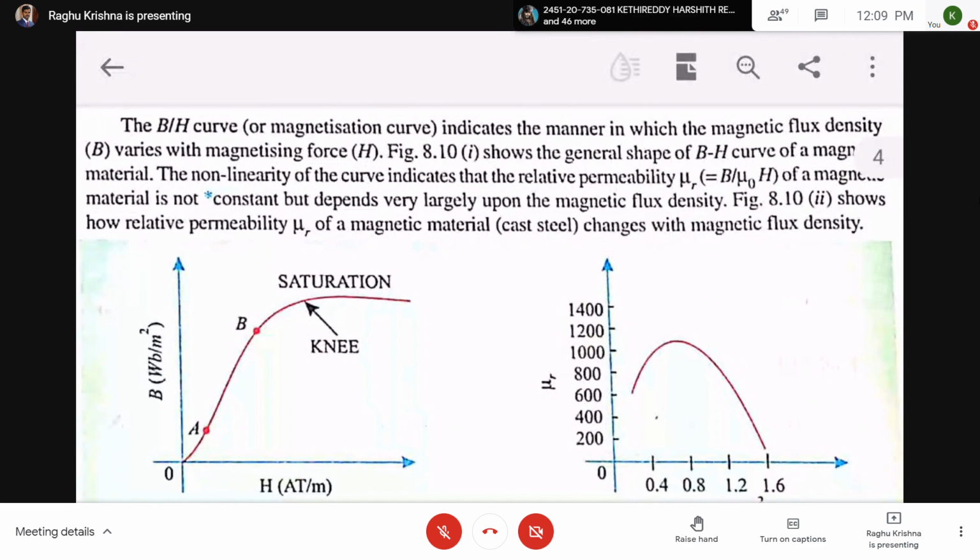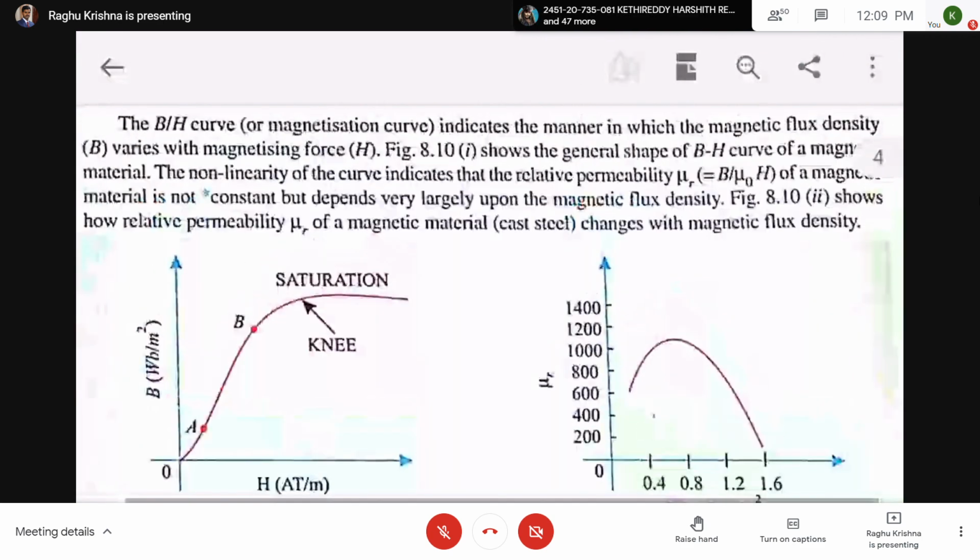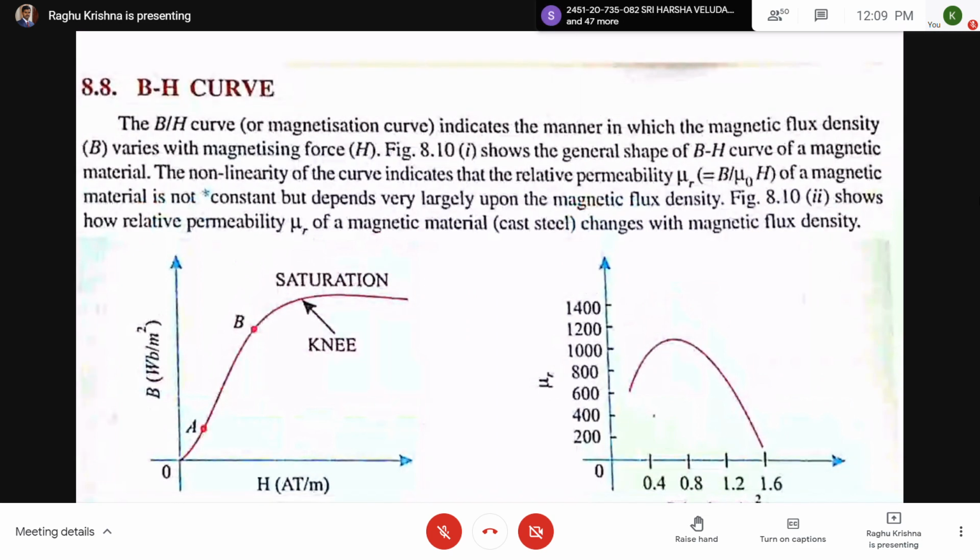Next, the figure shows the general shape of the BH curve of a magnetic material.